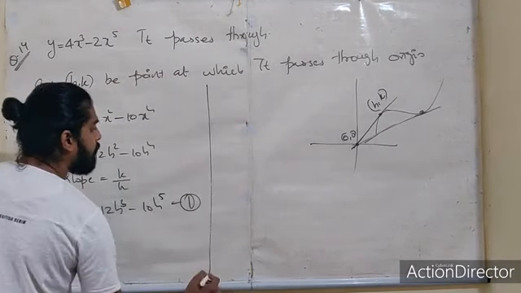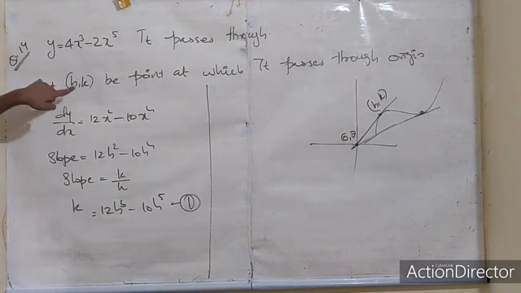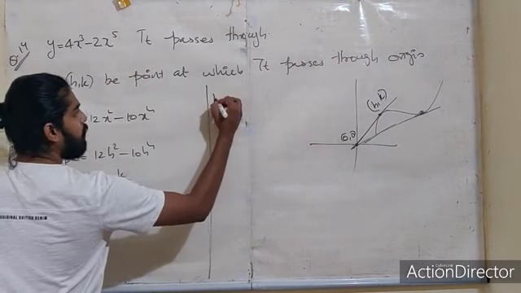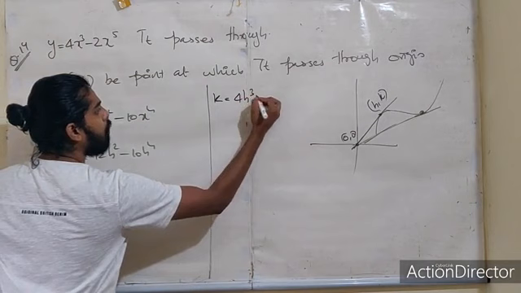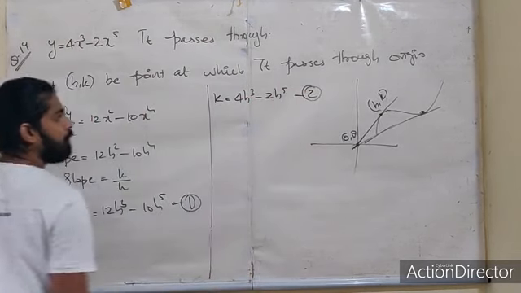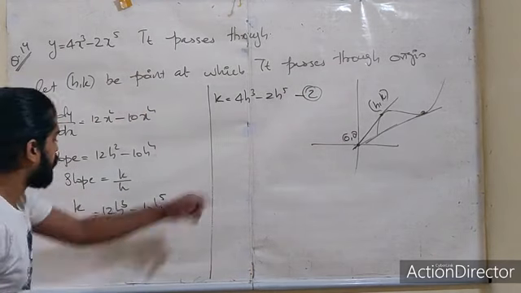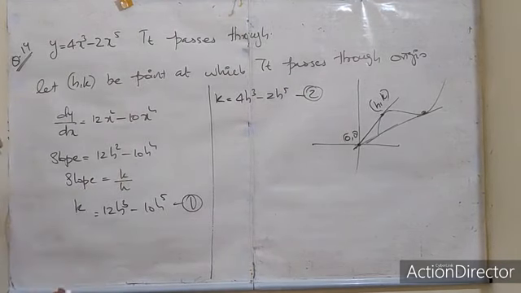Like we did in the previous question, since (h, k) is a point on this curve, we can substitute (h, k) in the equation. We get k is equal to 4h cube minus 2h raised to 5. Let this be equation number 2. Both equations have k on the left side, so we can equate them.